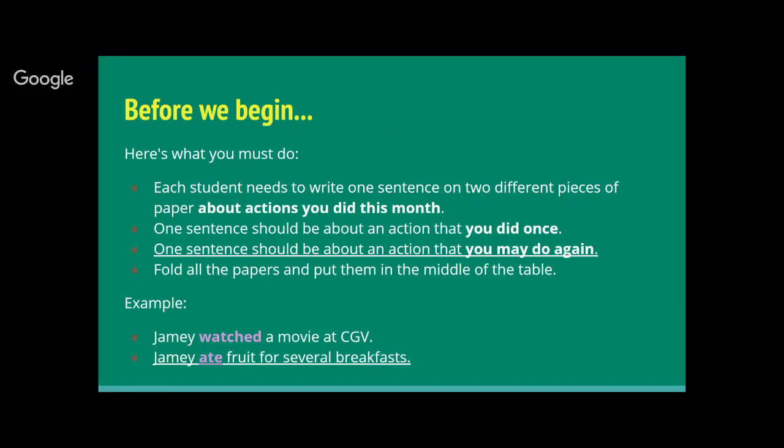Because I eat breakfast every day, that's probably something I may do again. I may eat fruit again for breakfast. So take a minute and try to come up with these two sentences about yourself.